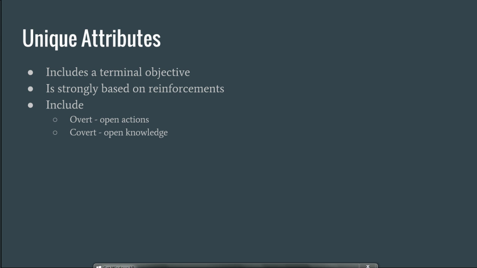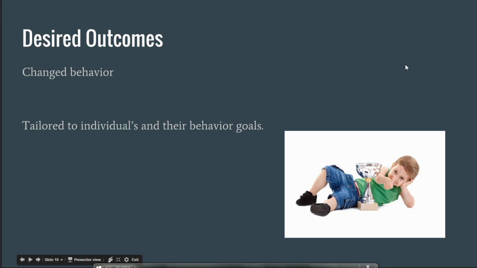So just being open about the behavior that is unwanted and the behavior that you're trying to gain. For desired outcomes, obviously it's to change behavior, it's in the name. And each outcome, like always, is going to be tailored to the person that you're working with. It depends on their goals and the specific behavior they're trying to change.